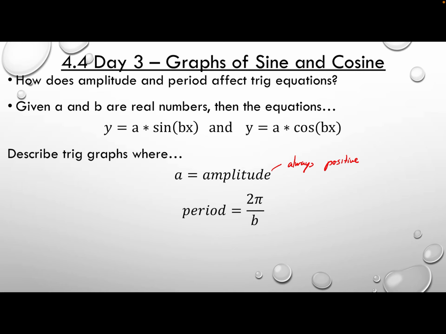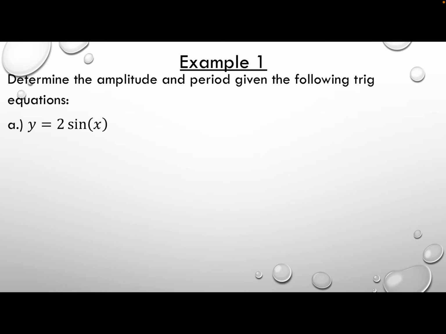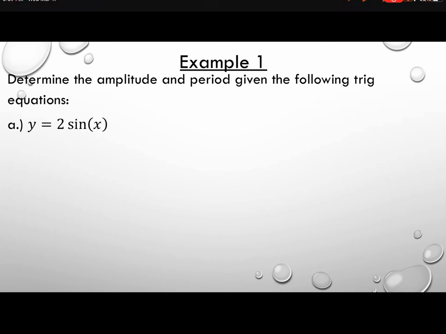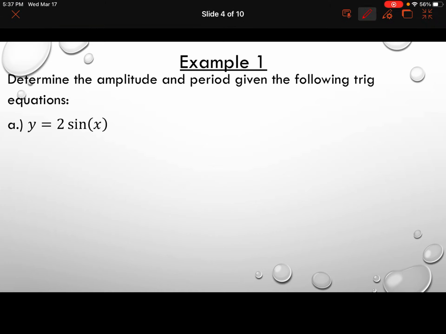Let's look at a few examples. Example 1a, y is equal to 2 times sine of x. Remember, the a value is the constant being multiplied to the trig function. In this case, it's 2. And the b value, at least for this example, is invisible, but it is there.